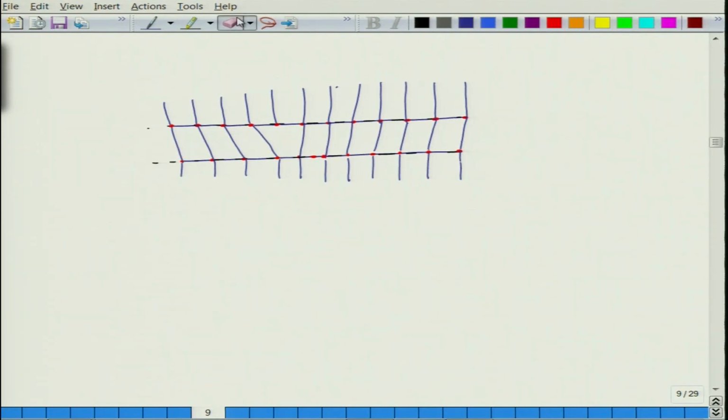Let me remove this one which is in between. So these are basically atoms sitting here, here, all the places.